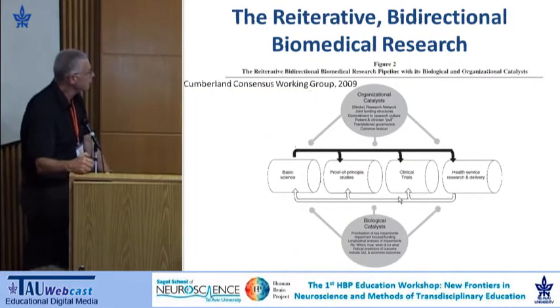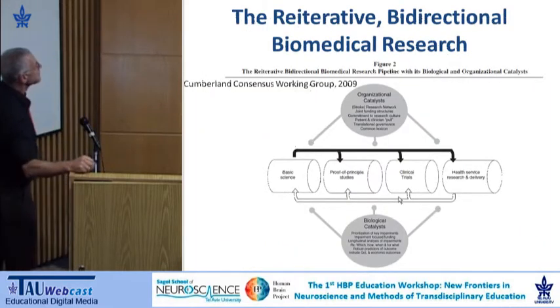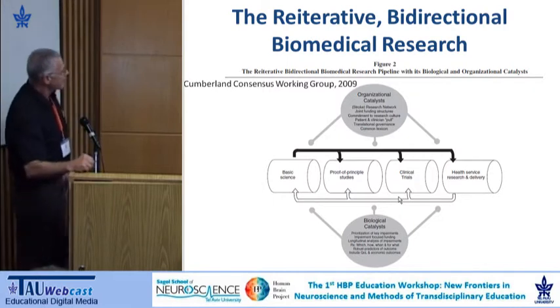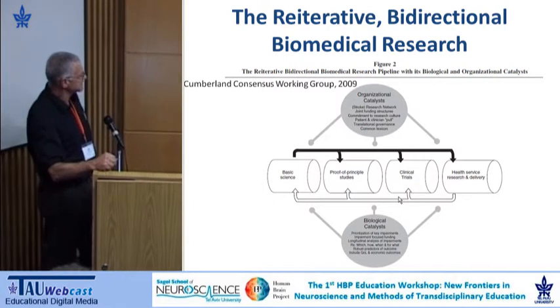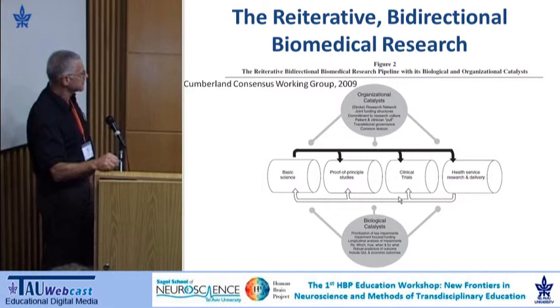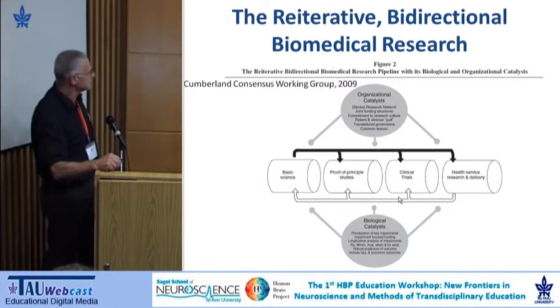So the newer model for translational research is the bidirectional. It is going from basic science to the three different levels, proof of concept, clinical, and health service, but also from the health service, the needs of the patients, the community, into clinical trials, proof of concepts, proof of principle, and basic science.